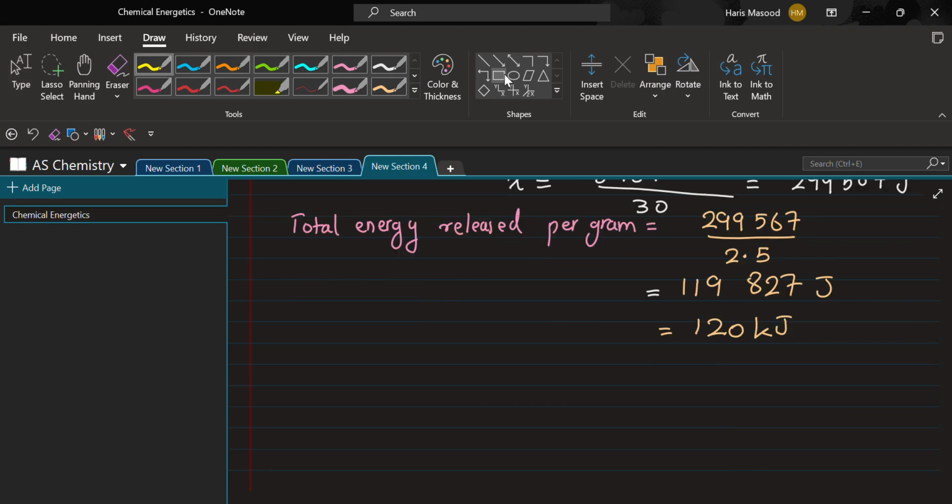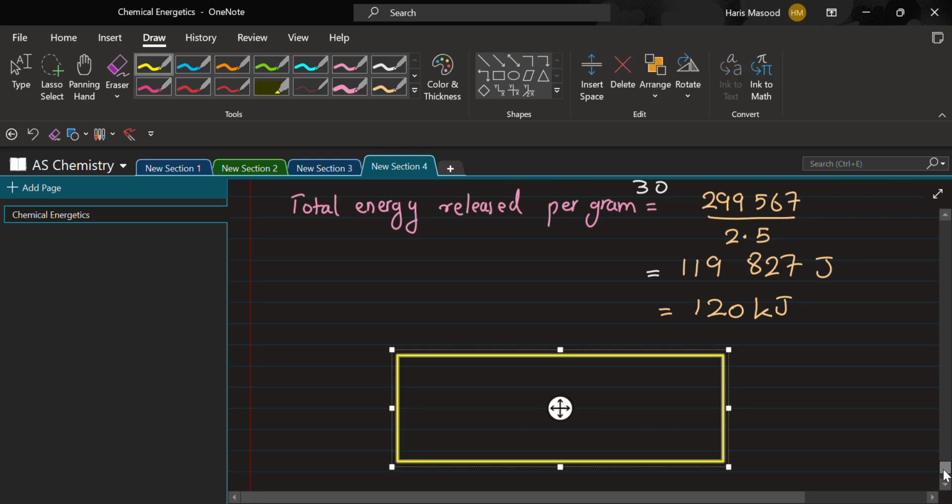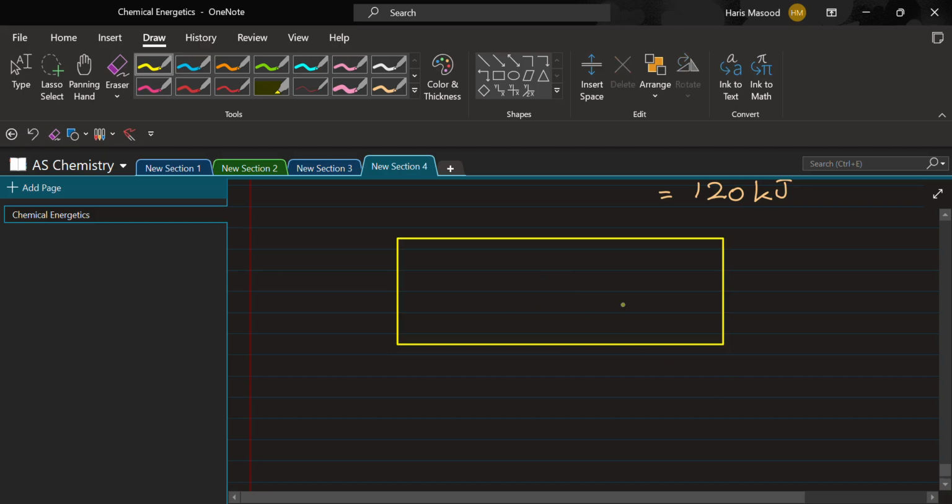I will write the formula 2. For this we will be seeing the questions in our past papers, and you also have to remember this formula as well.